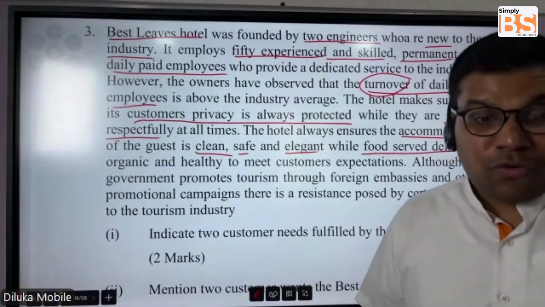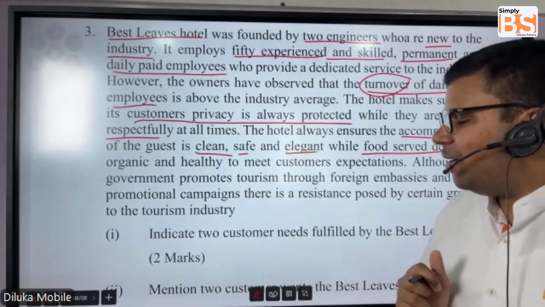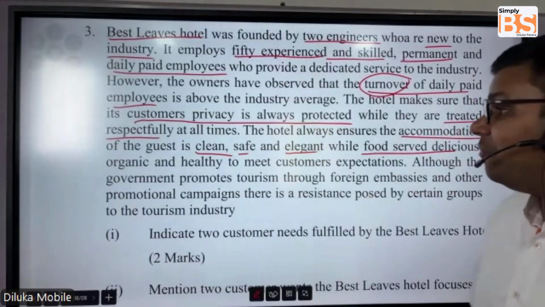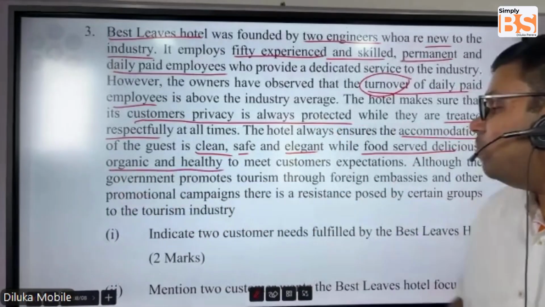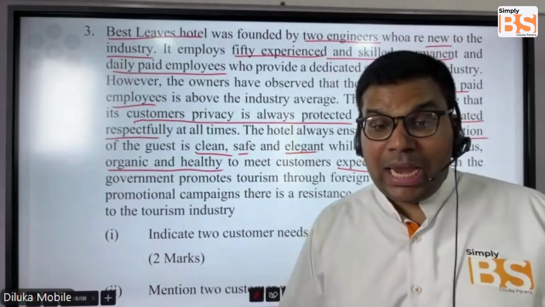Wow, the food is also very delicious, and they serve organic and healthy food to meet customer expectations. So they serve organic food, not junk food.